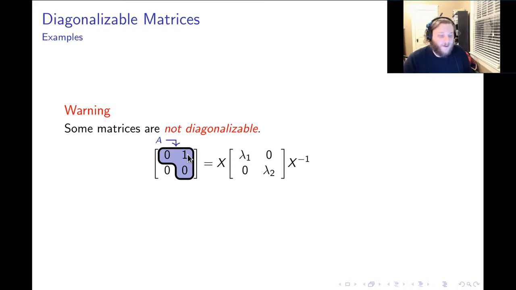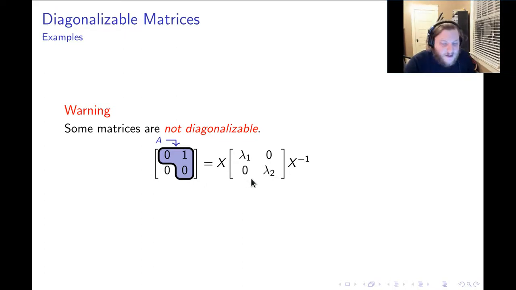That would mean that A is equal to X times a diagonal matrix times X inverse. And remember, in the diagonal matrix, the diagonal entries are the eigenvalues of the matrix.